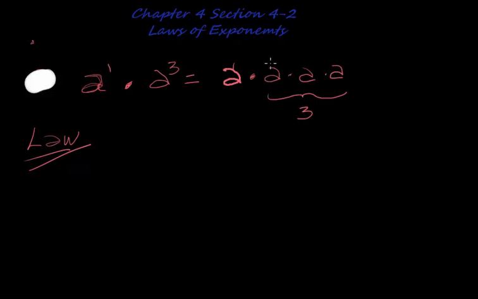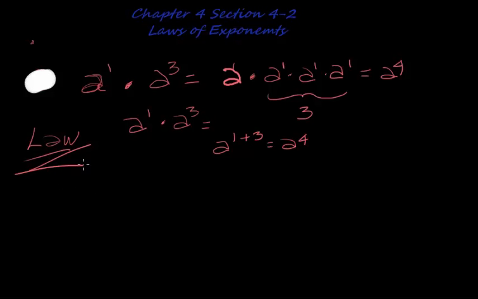This is a to the 1 times a to the 1 times a to the 1 times a to the 1. How many of those do we have? We have 4. That is the same as saying a to the 1 times a to the third is equal to a to the 1 plus 3, which is equal to a to the 4th, which is exactly what this law is as it's stated on page 171.